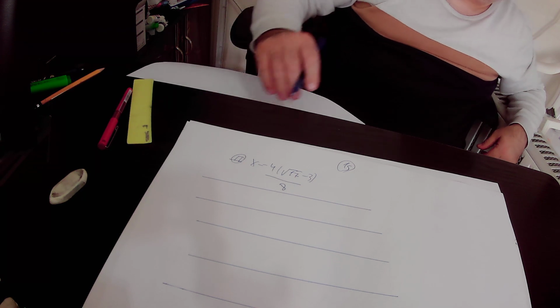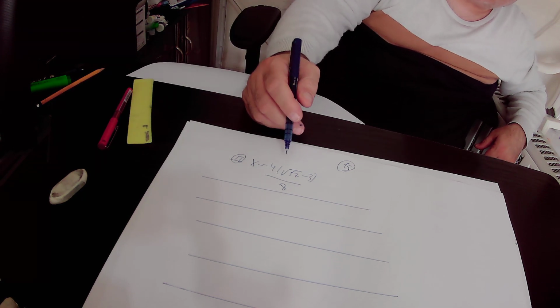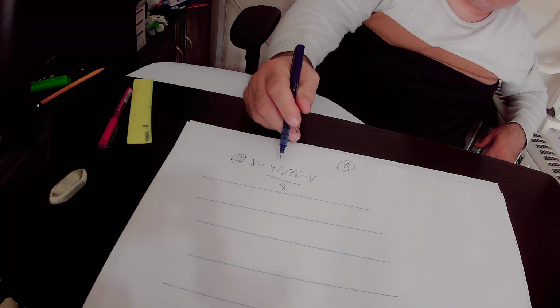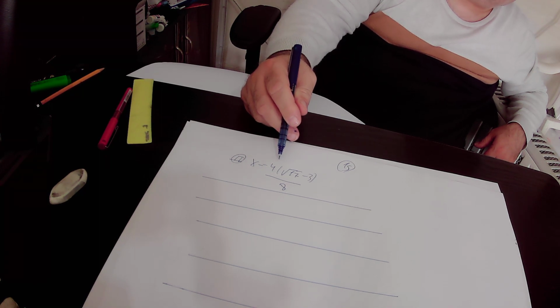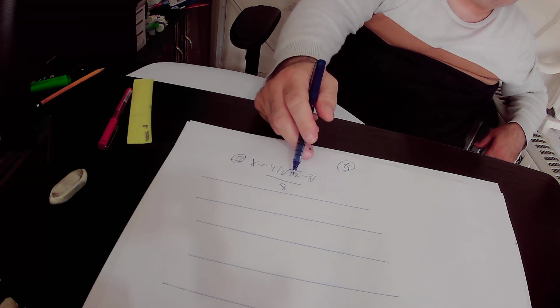Actually, we divide only this side of the equation by 4. 4 over 4 is 1, so 4 will get cancelled, and here 8 over 4 is 2.